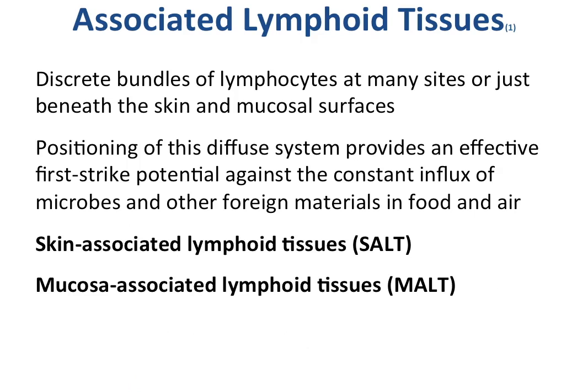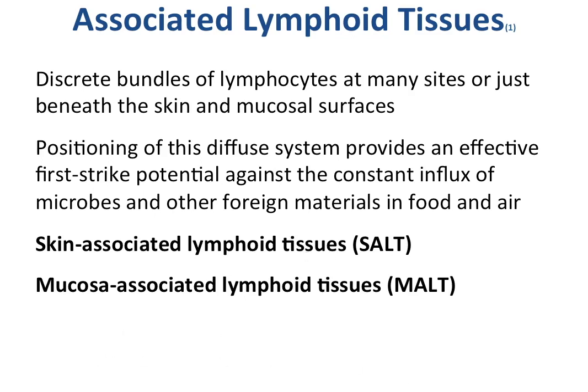Associated lymphoid tissues are the lymphoid tissues attached to certain organs, such as in the GI tract or in the skin. Those tissues are attached to the skin and mucosa, and they are the first line of lymphoid tissues to encounter pathogens.